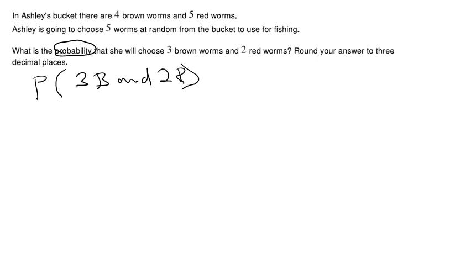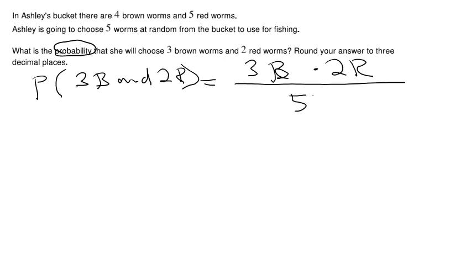Remember the definition of probability. We need to know how many ways she can pick 3 brown. We need to know how many ways she can pick 2 red. We need to know how many ways we can pick 5 worms, right? That's the definition of probability. The number of ways things can happen.